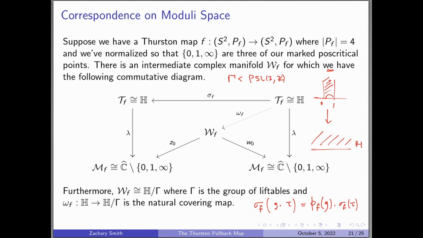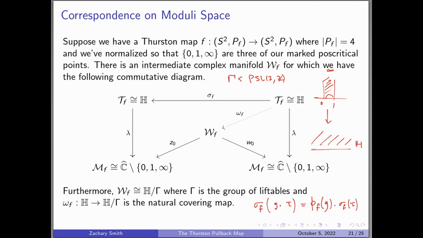And this group gamma is going to correspond to a group action on the upper half plane. So it's going to be a subgroup of SL2Z. And it's going to have the property that there's going to be a pseudo equivariance relation for our map sigma f relative to this group.